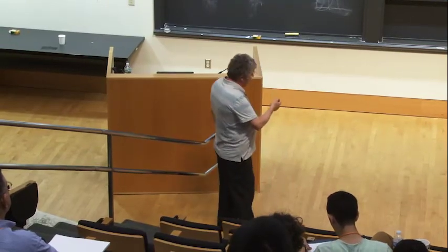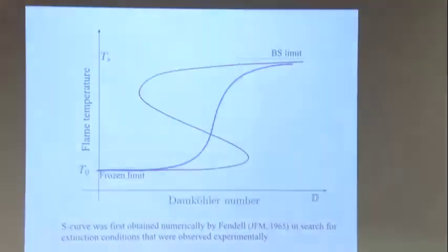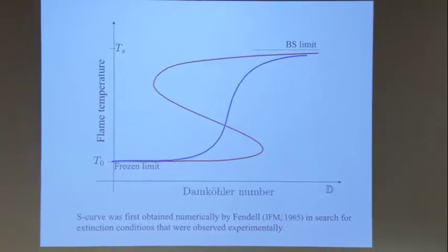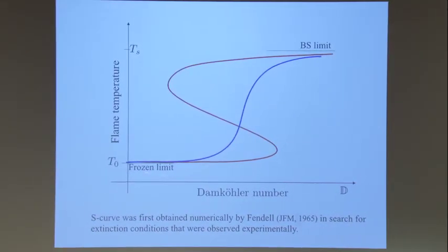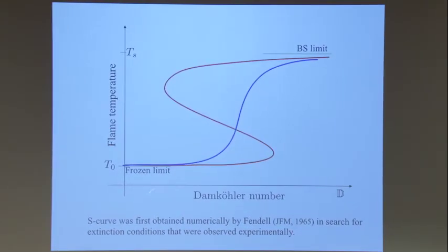And the first time that this was described successfully was by Liñán, who solved the equation numerically for intermediate values of the Damköhler number, from small to large. And he showed that the curve is typically the red curve, and the red curve clearly exhibits extinction.